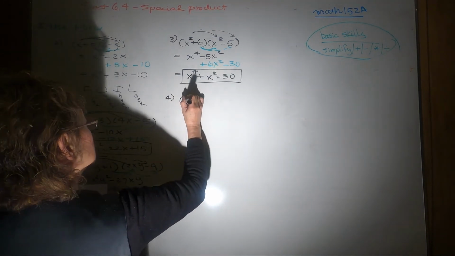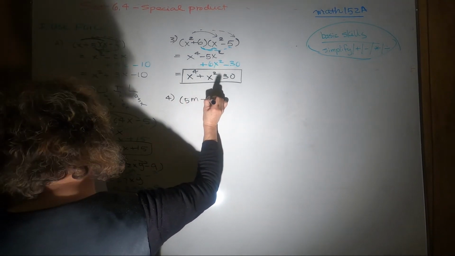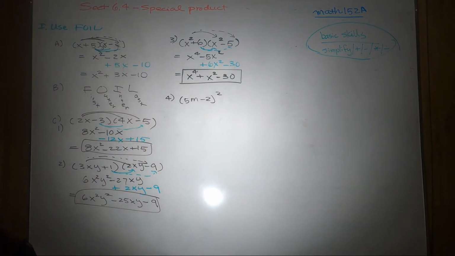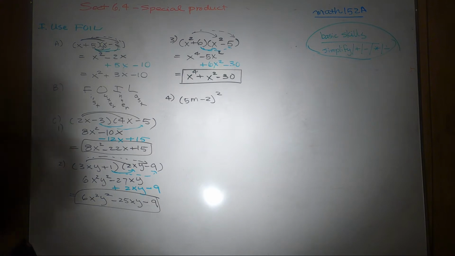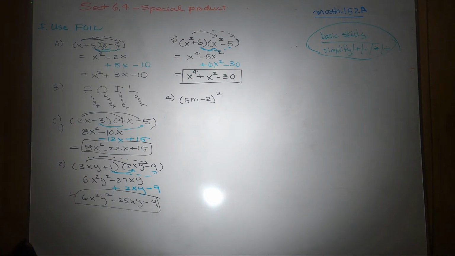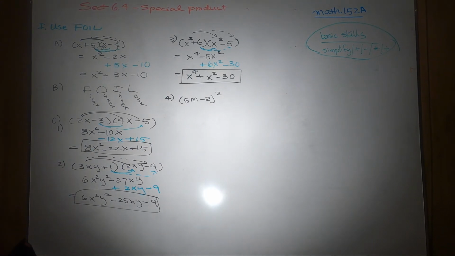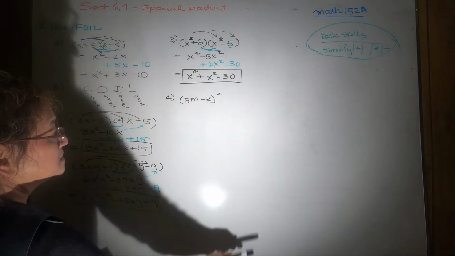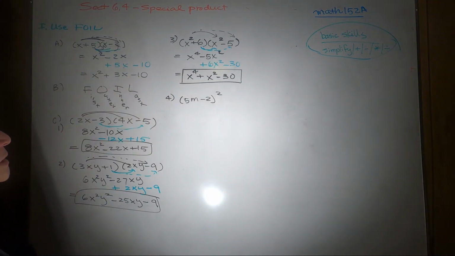So this one, 5m minus 2, squared. You can just look at the problem, do it yourself, then check the result with the board here, right? And if it's different, you look over, see which number makes the difference on your paper, then you can correct and identify your own mistakes.